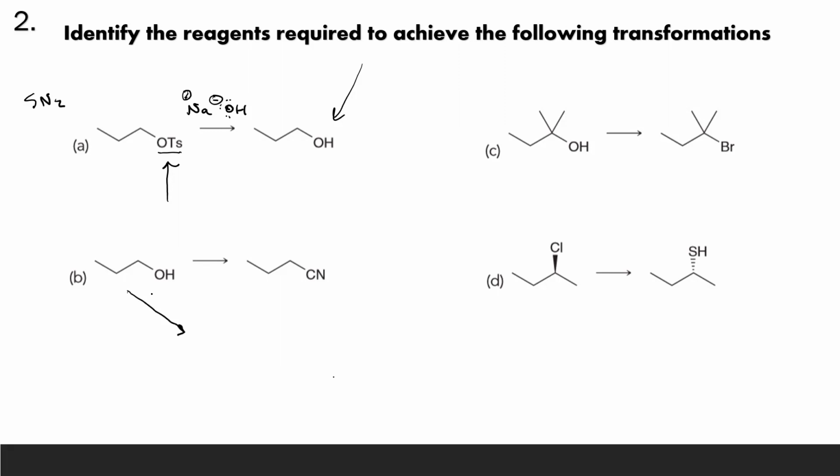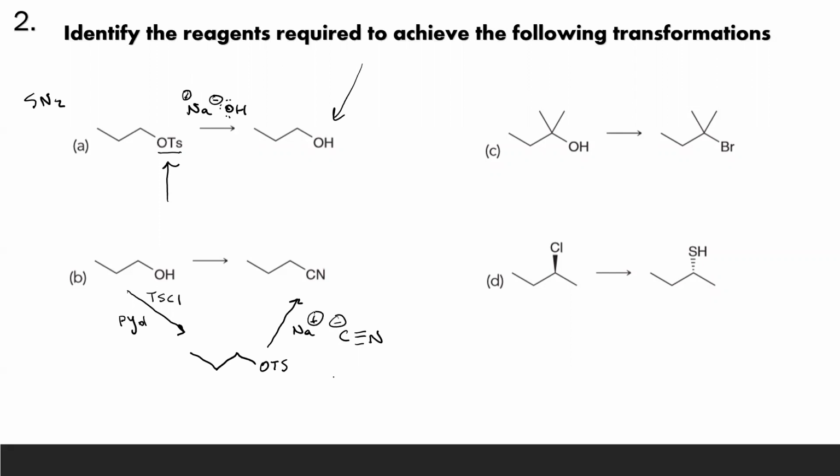So what we'll do is add tosyl chloride and pyridine, which will produce something like that. And then we can treat this with sodium cyanide to produce our nitrile product.